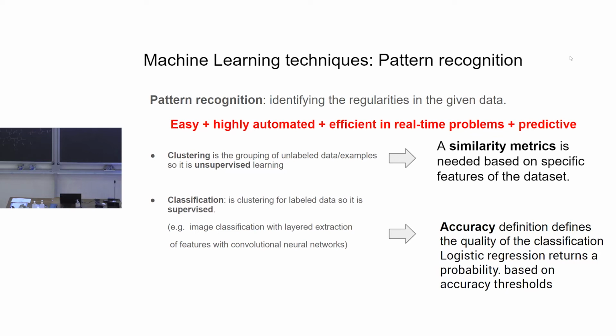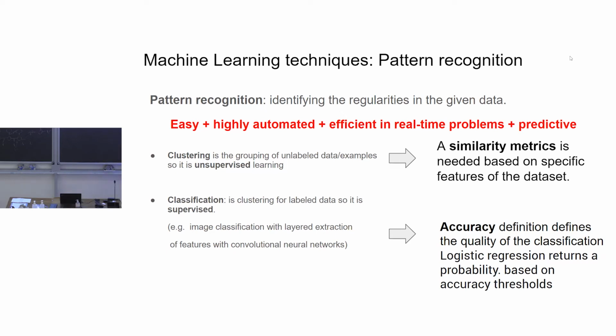That's quite clear. And what does pattern recognition mean? Is to identify the regularities in a given data. That's easy. Everything is highly automated, quite efficient for real-time problems, which is what I'm interested in, and has some predictive capability, okay?